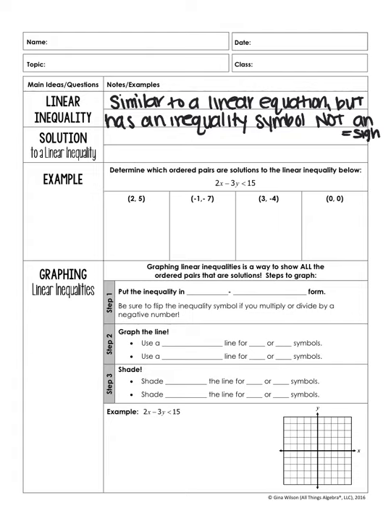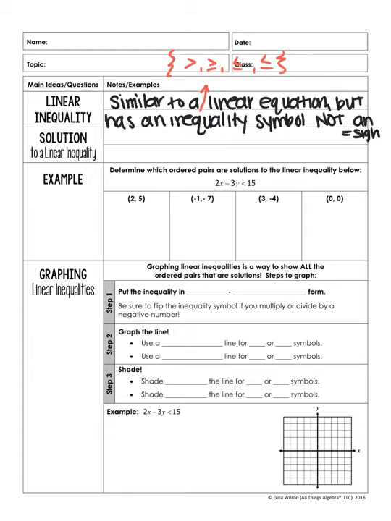Remember, an inequality symbol is something like, and I'm going to go ahead and do that up here, greater than or equal to, or less than or equal to. So those are what an inequality symbol is. So it's a linear equation with one of those symbols, not an equal sign.